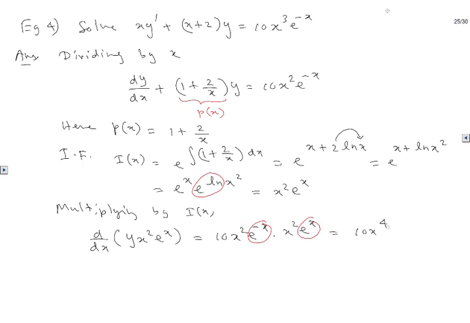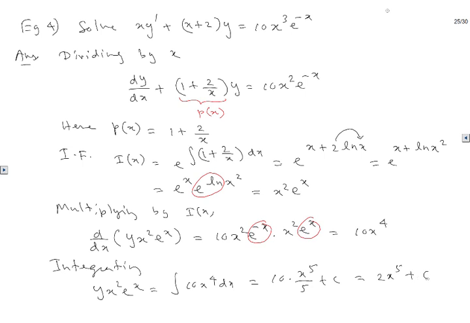Now what we can do, we can integrate. So integrating, we have yx²e^x equals the integral of 10x⁴. This is an easy integral, just use the power rule, 10x⁵/5 + c, that means 2x⁵ + c. So this is going to give you the solution.